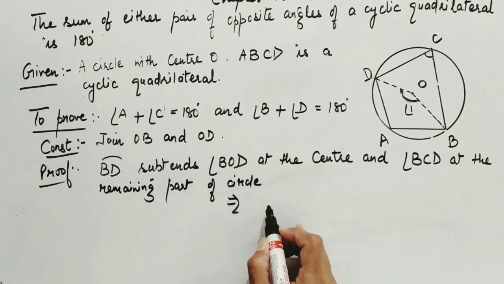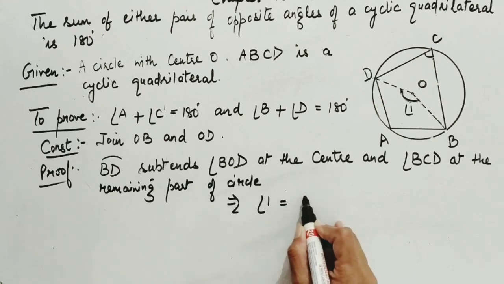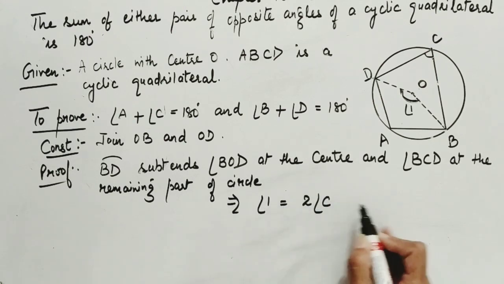So that implies angle 1 is twice of angle C.